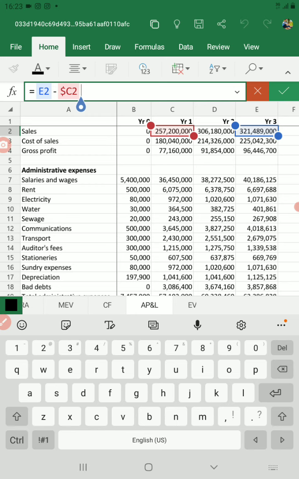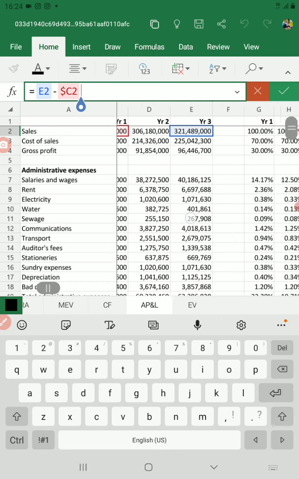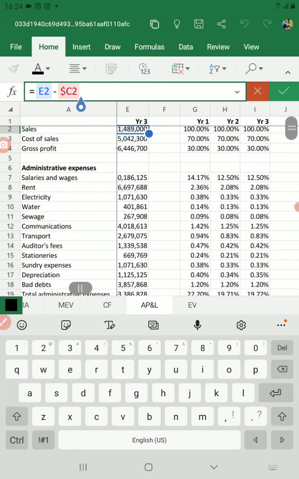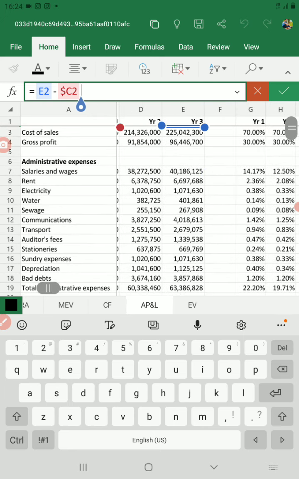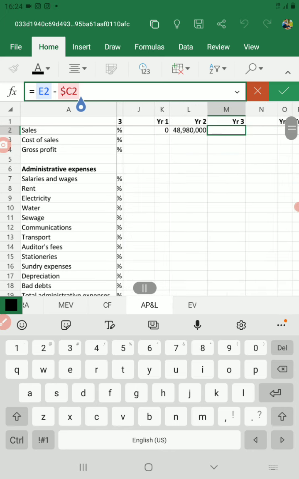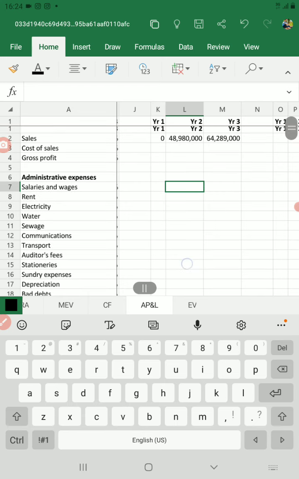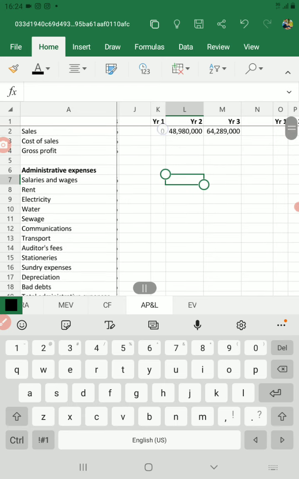So always year 1 is the base year for finding out the difference of the absolute amount. That's why I used to lock C.